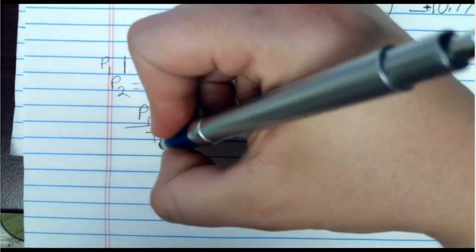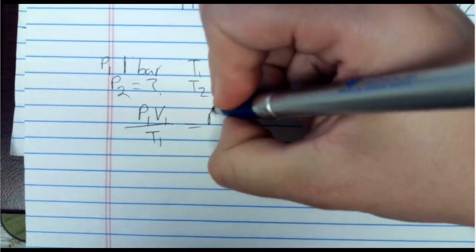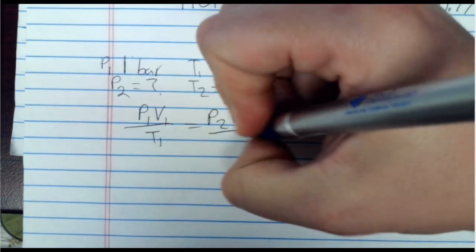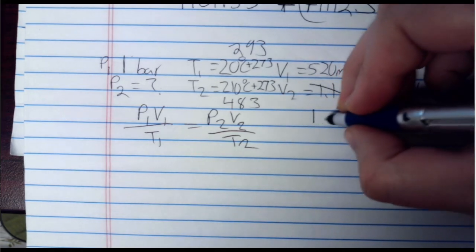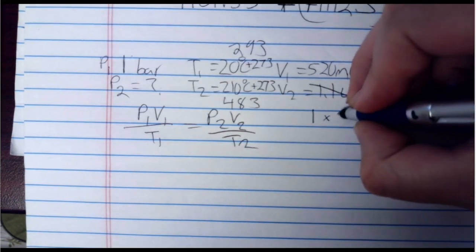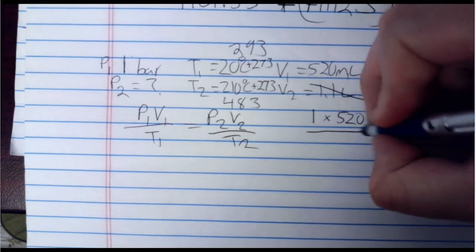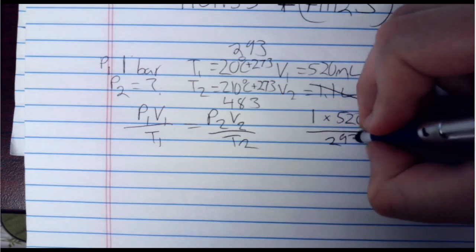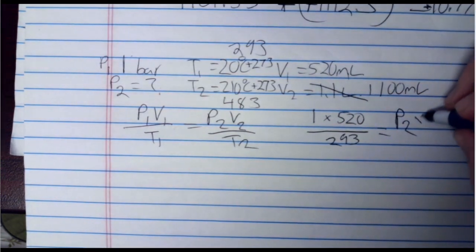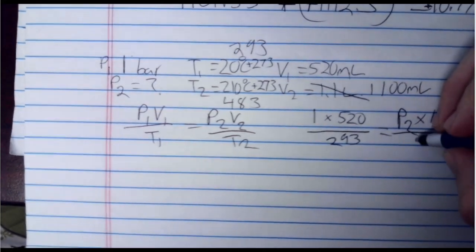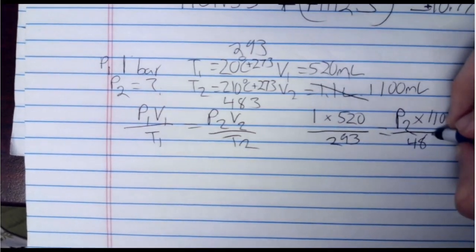So P1V1 over T1 equals P2V2 over T2. So 1 times 520 divided by 293 equals P2 times 1100 all over 483.